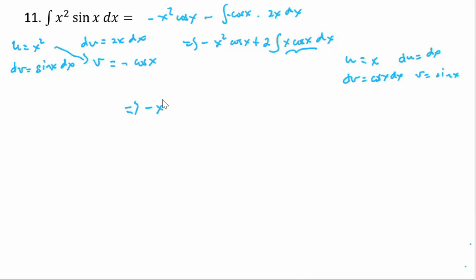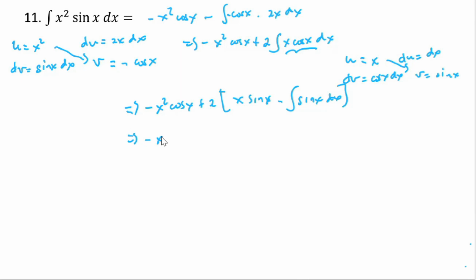We have negative x squared cosine x plus 2 times the integral of uv, which is now x sine x minus the integral of sine x dx.